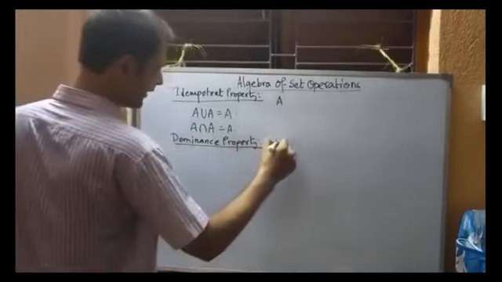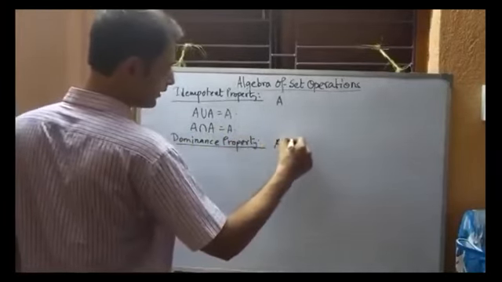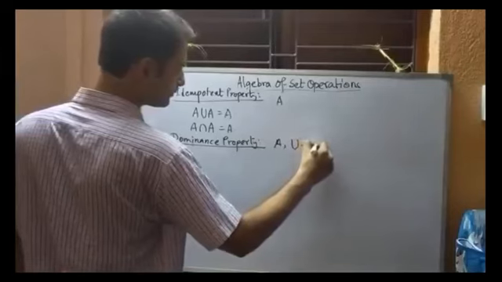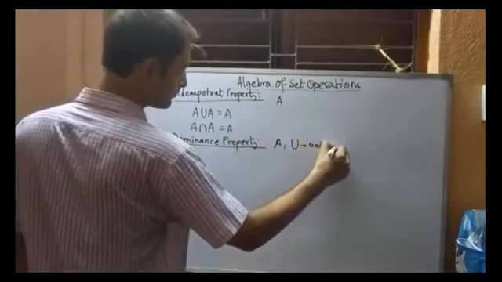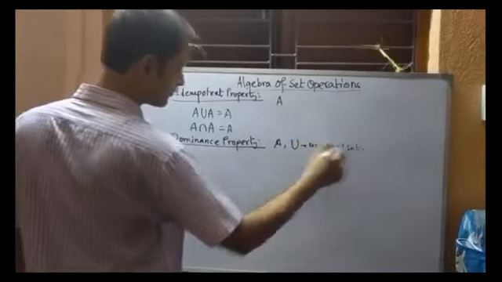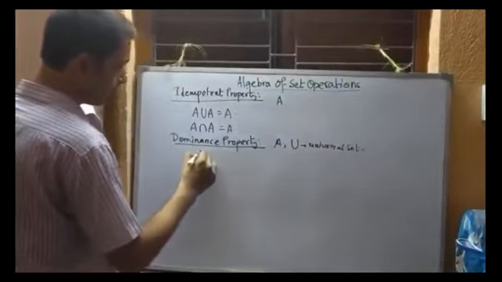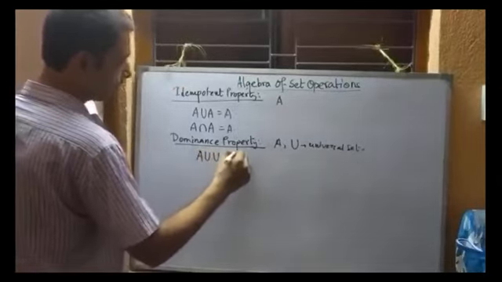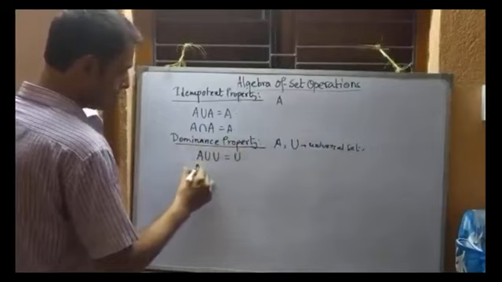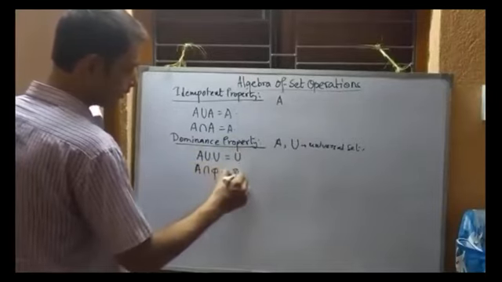It says for any set A and the universal set U, we can say that A union U will be U and A intersection phi will be phi.